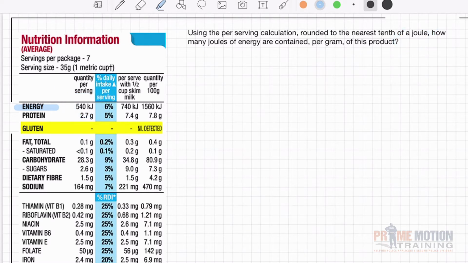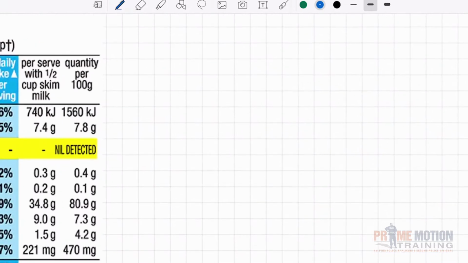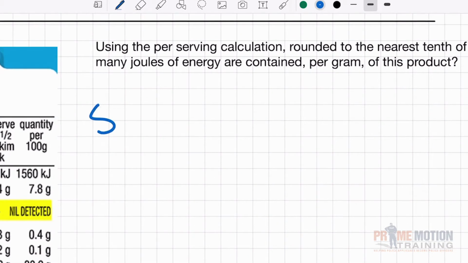And then it's much easier to do calculations when you're working with like for like, apples and apples, rather than trying to work out apples and oranges. Okay, so let's work out some sort of conversion now. This 540 kilojoules is the first thing that we need to look at. So we've got 540 kilojoules.